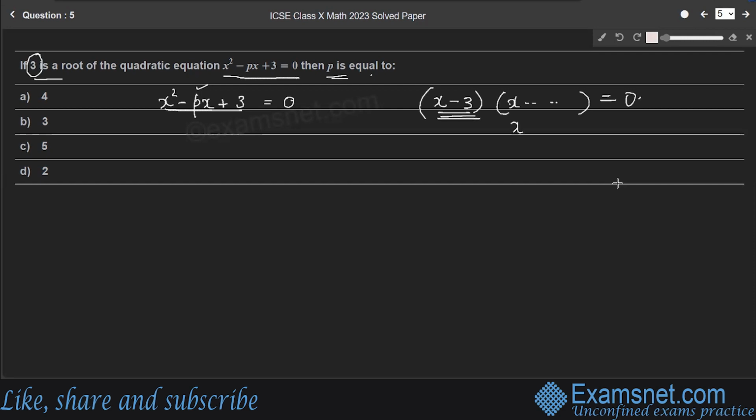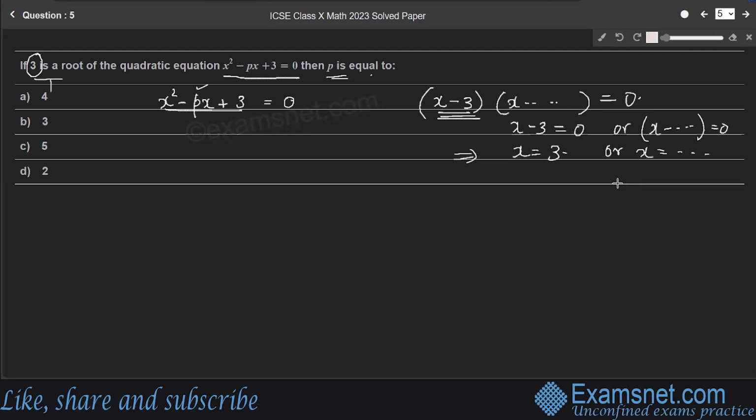Therefore, x minus 3 is equal to 0 or x minus some number is equal to 0. This implies x is equal to 3 or x is equal to some other number. The meaning of 3 being the root of the equation is that one of the values of x is 3 here.